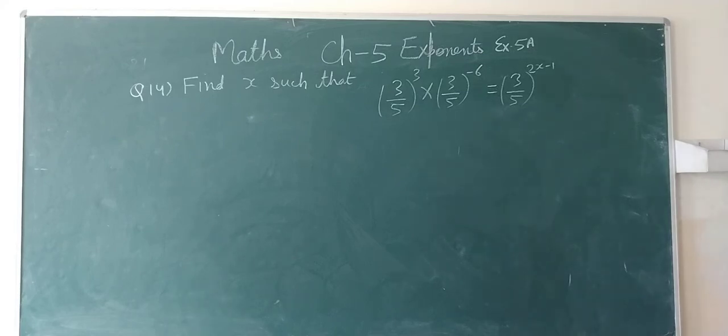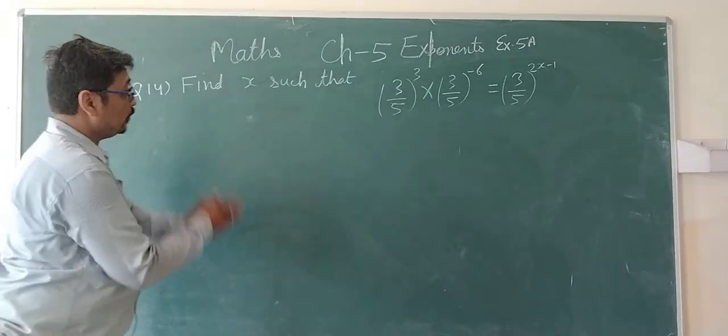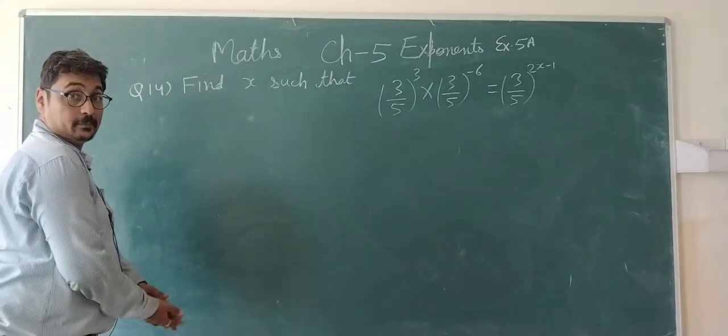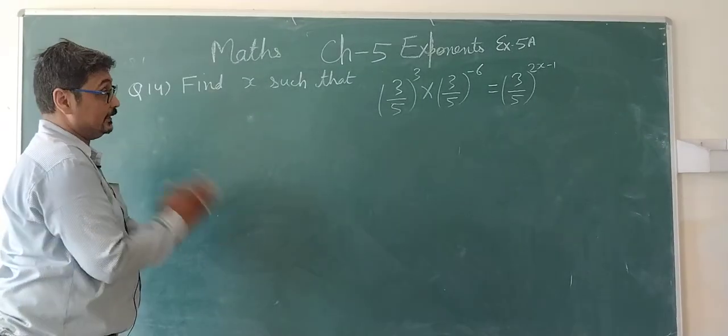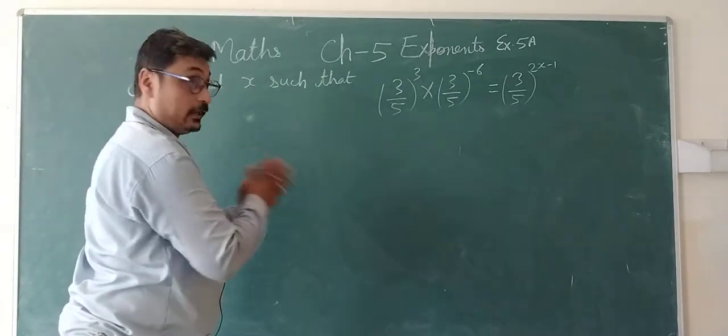Let us see question number 14. Find x such that (3/5)^3 multiplied by (3/5)^(−6) is equal to (3/5)^(2x−1).